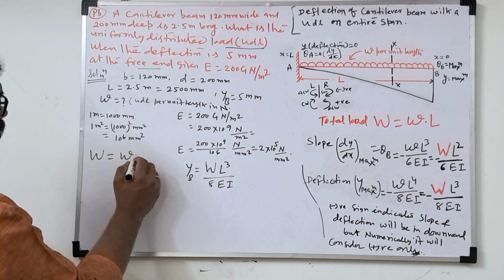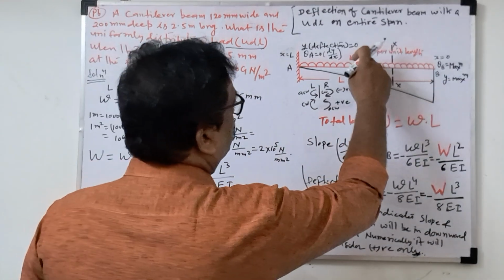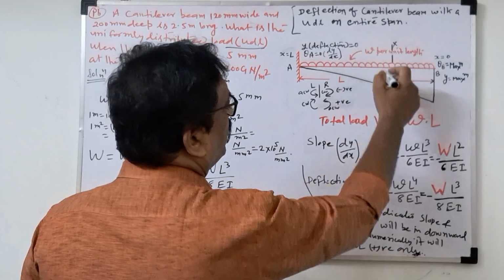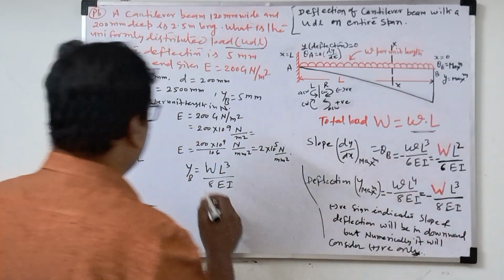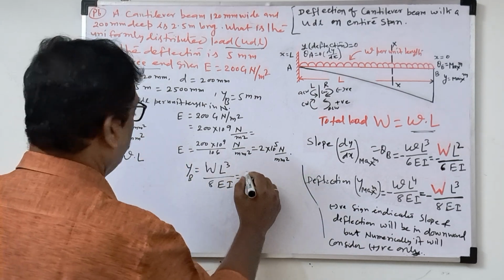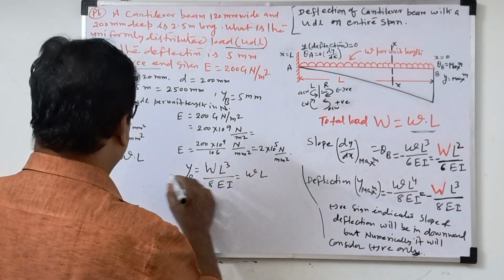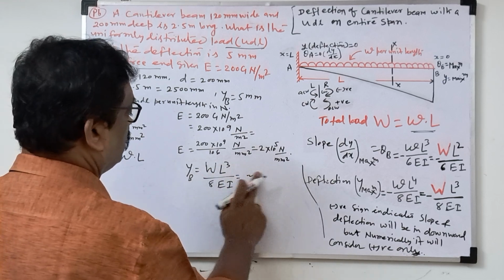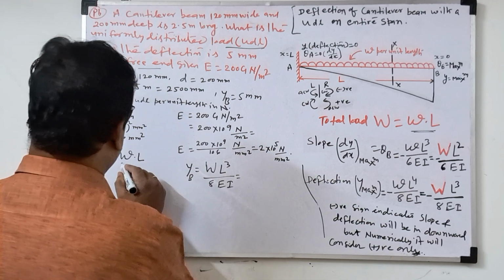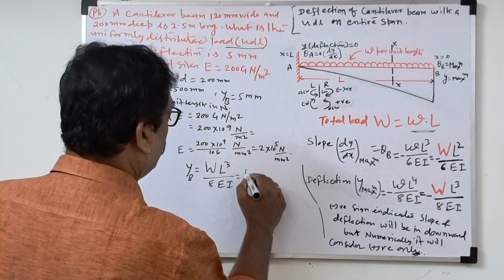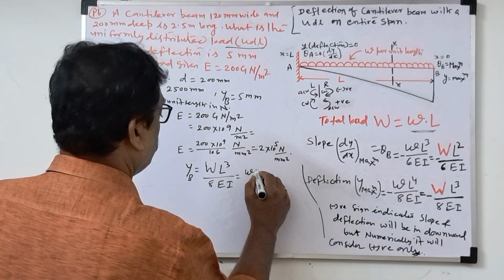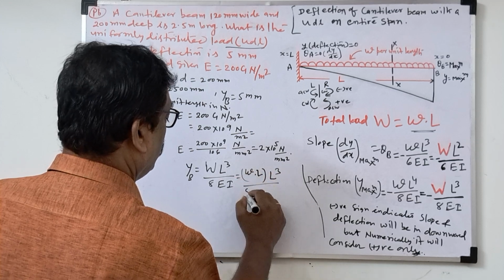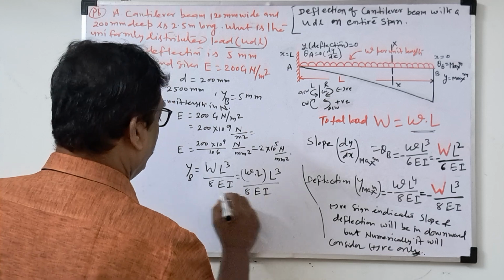Suppose w is the load per unit length; the total load will be w into L. So capital W is equal to w into L. Then the formula is w into L into L cube by 8EI. We can write it like this.